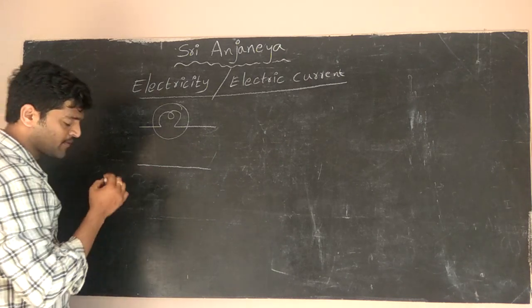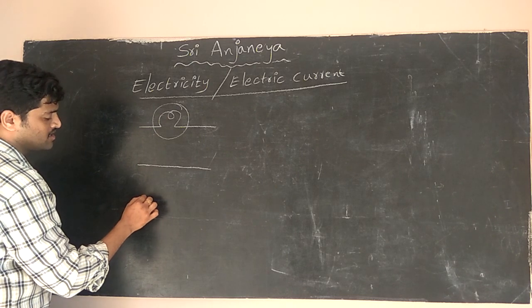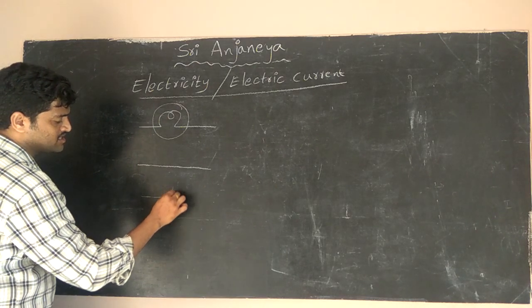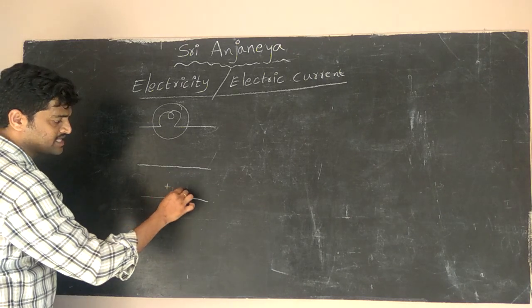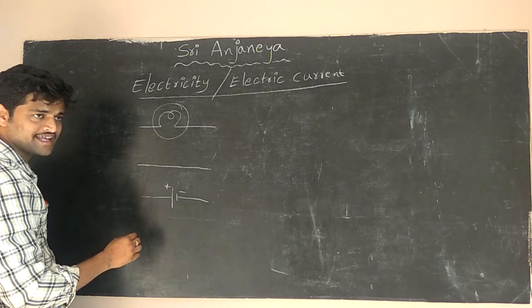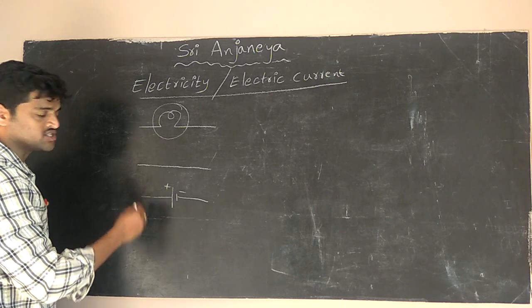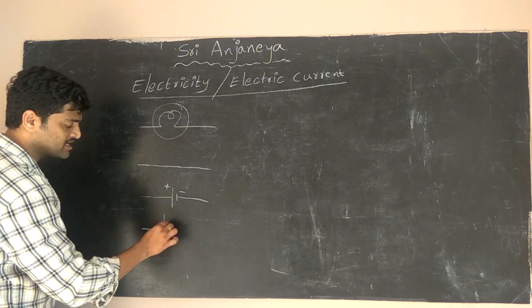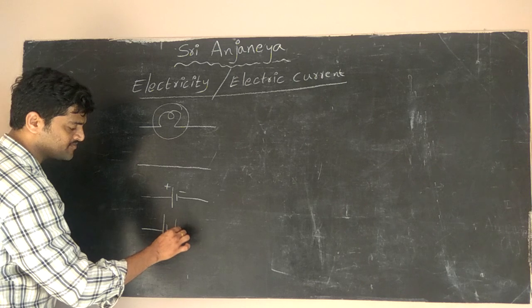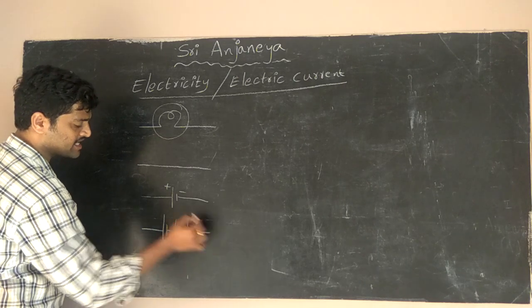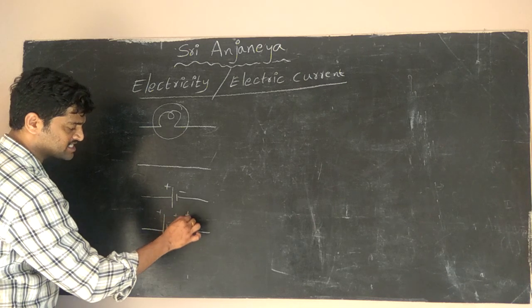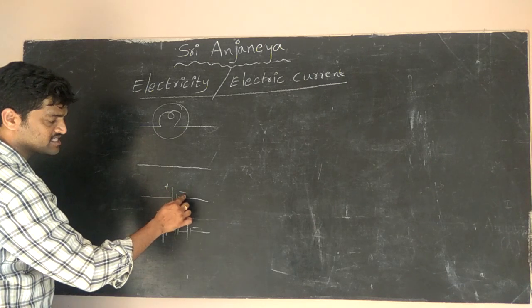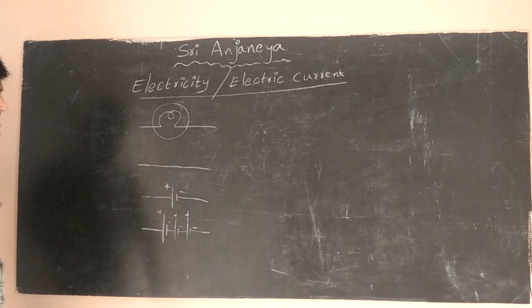The next thing is called a cell. If some cells are joined together, that means two or more cells are joined together, that thing is called a battery. So a battery has more than two cells. This is the positive and this is the negative terminal of the battery.